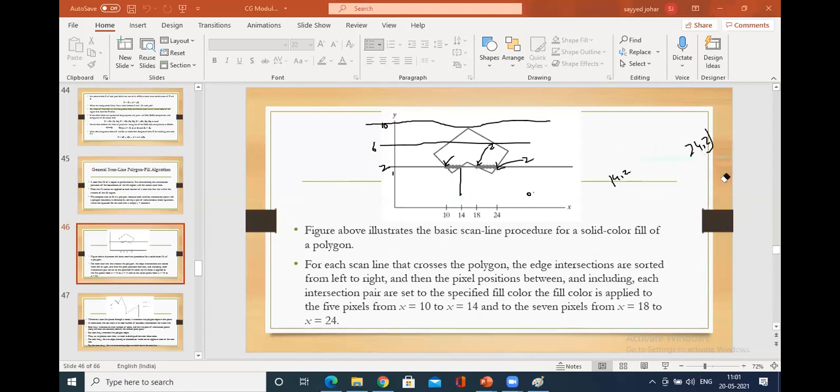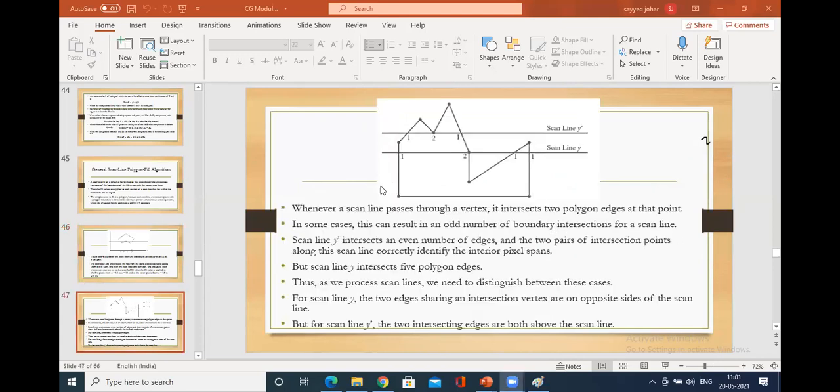Hopefully understood. Now let me go again through the concept of scan line. Scan line uses the basic scanline procedure. You could see here the same thing has been explained in the slide, what I explained right now. So whenever a scanline passes through a vertex, it intersects the two polygon edges at that point. In some cases it results in an odd number of boundary intersections, right?